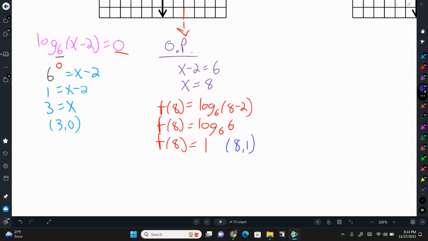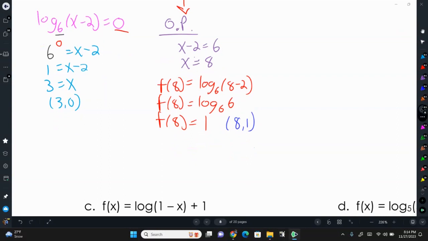Now, if you wanted to do it the other way and set the inside equal to 1, okay, x minus 2 is equal to 1. When we add 2 to both sides, we get x equals 3, which we already did up here. We said when x is equal to 3, the y value is equal to 0. So that's not going to give us a new point.